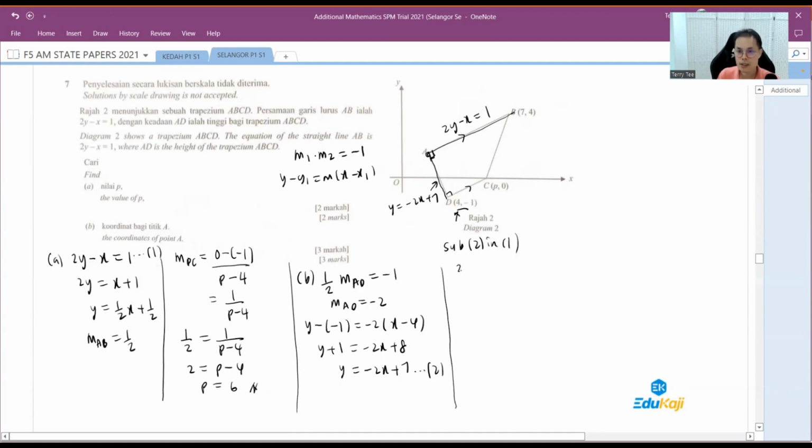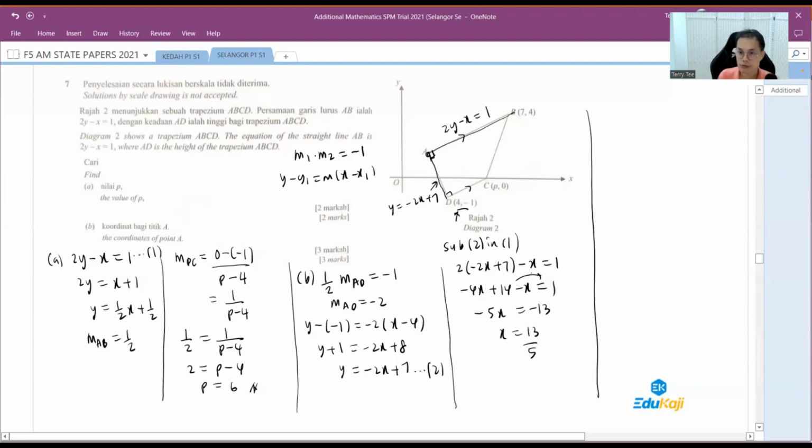My y is minus 2x plus 7, minus x, the result is 1. Minus 4x plus 14 minus x equals 1. Minus 5x, if I bring this over, is minus 13. This is quite an ugly number, I must say. So x is 13 over 5.